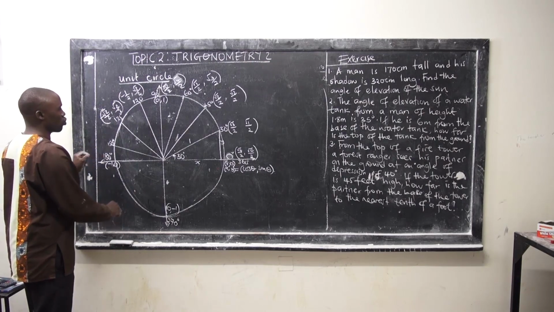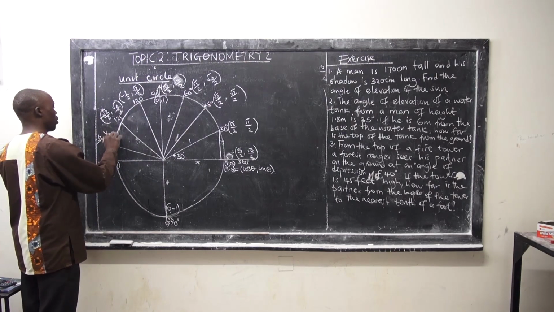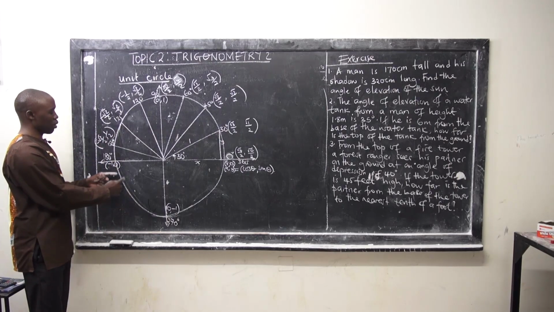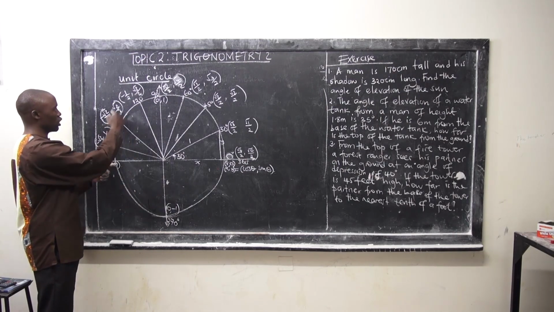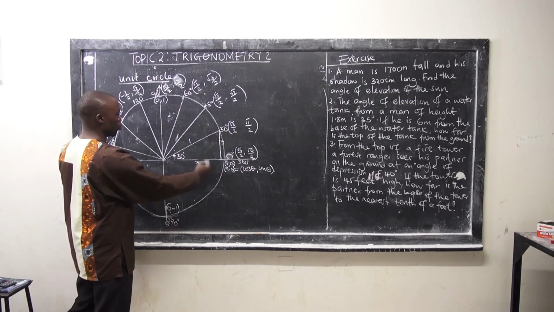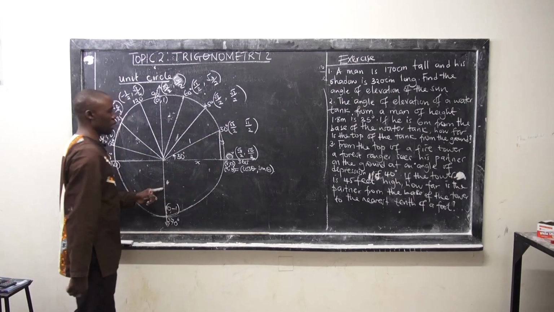Then this one would be negative root 3 out of 2, giving me 1 out of 2 for this. So down there will be the same values, keeping in mind that both x and y are negative here. So all these coordinates will receive a negative down, and similarly down here x will be positive, but the y values in each of these are going to be negative.